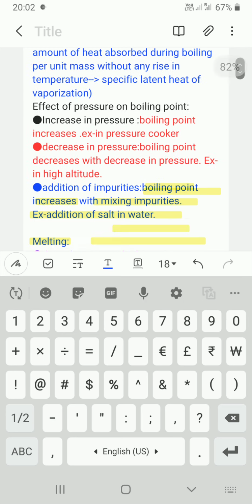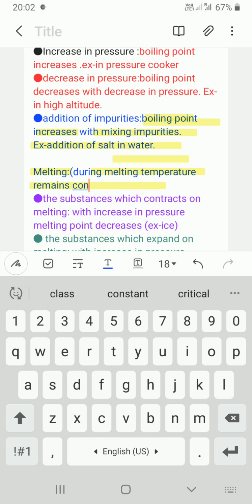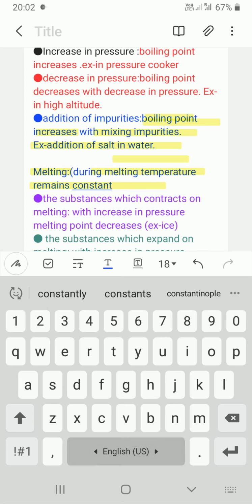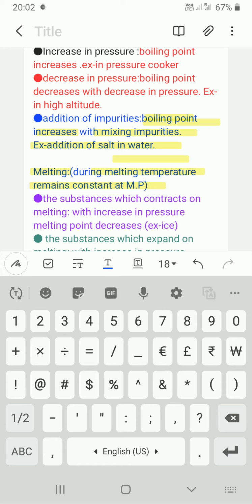Next, come melting. Here we have to write: during melting, temperature remains constant at melting point.